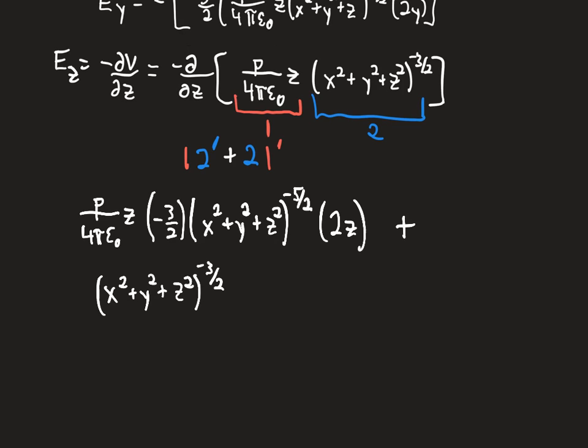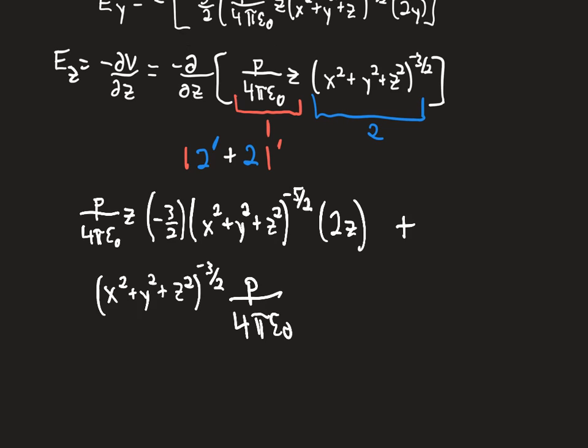What's the derivative of xz with respect to z? X. What's the derivative of p over 4 pi epsilon naught z? P over 4 pi epsilon naught. There you go. Boom. That's p over 4 pi epsilon naught.